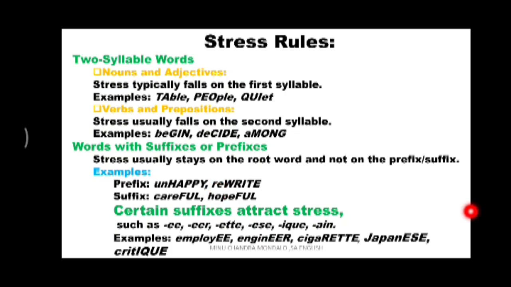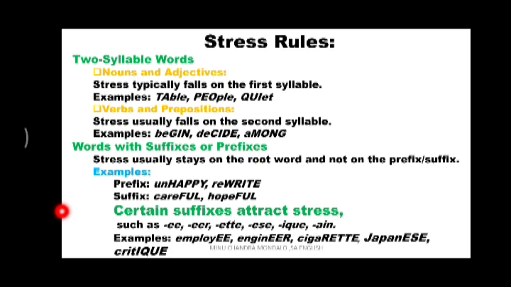If any word ends with EE, EER, ETTE, ESE, IQUE or AIN as suffixes, then the stress will fall on the suffix only, not on the root word. For example, employee. Here employ is the root word, where EE is the suffix. As per the rule, stress will fall on the suffix if the word ends with EE.